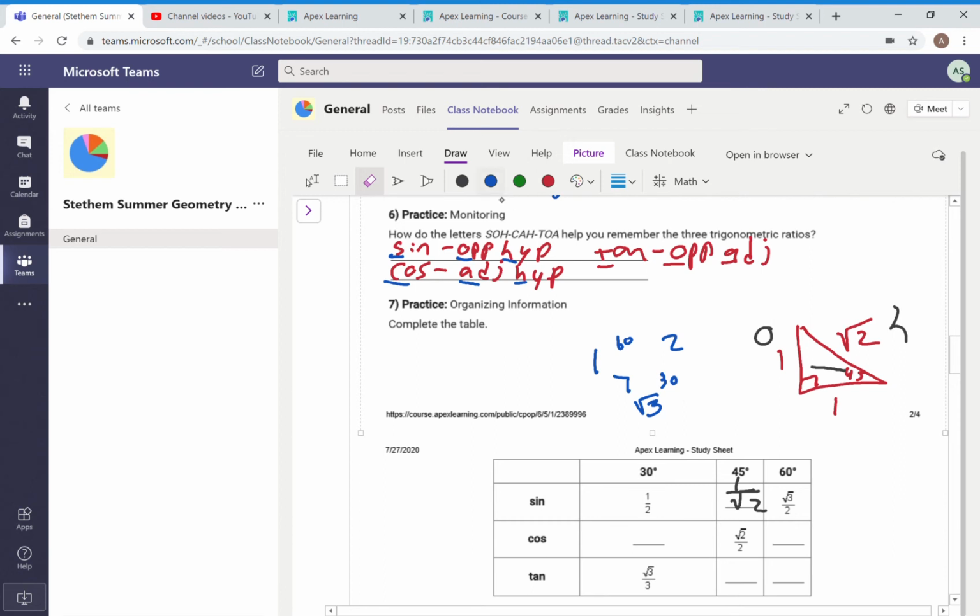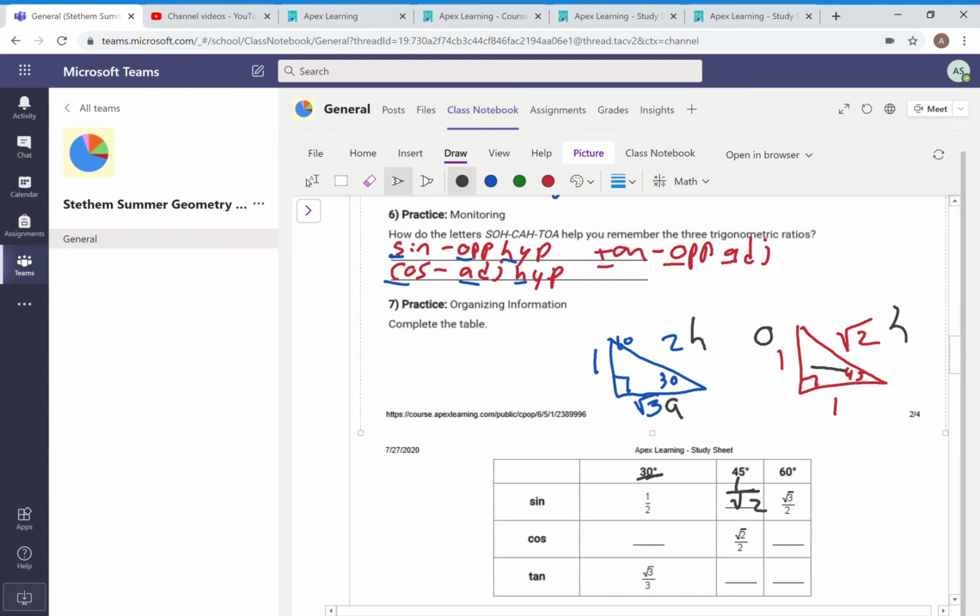We have our triangle again. We want to do cosine of 30, because that's what's up top here.